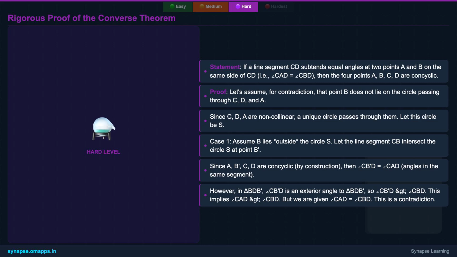Since A, B', C, D are concyclic, angle CB'D equals angle CAD. However, in triangle BDB', angle CBD is an exterior angle, so it must be greater than angle CB'D. This means angle CBD is greater than angle CAD, which contradicts the given condition that angle CAD equals angle CBD. This disproves B being outside the circle.